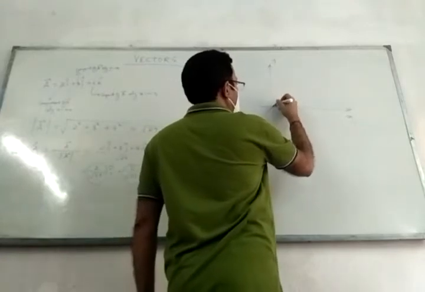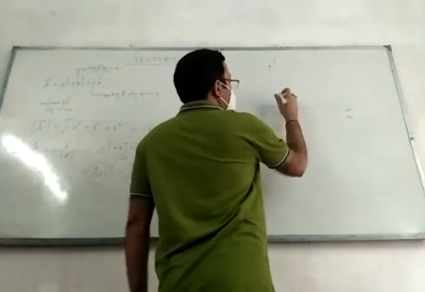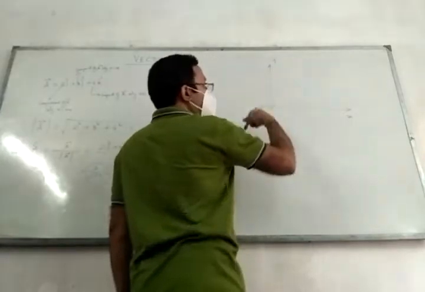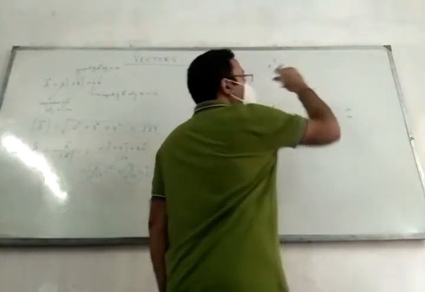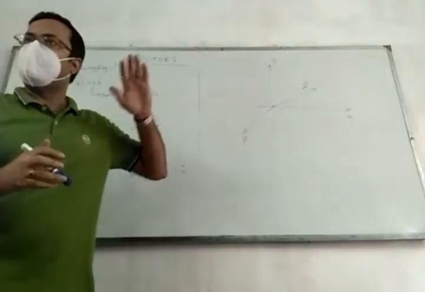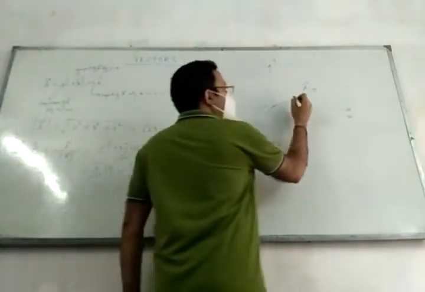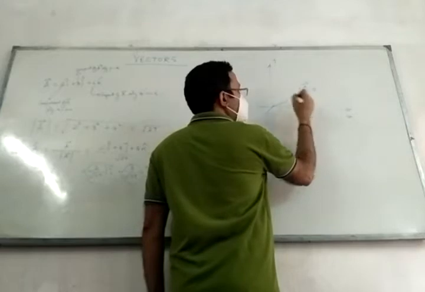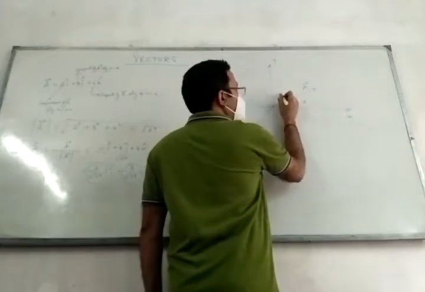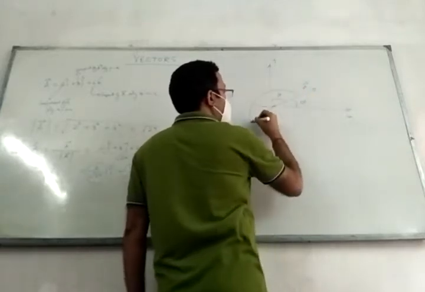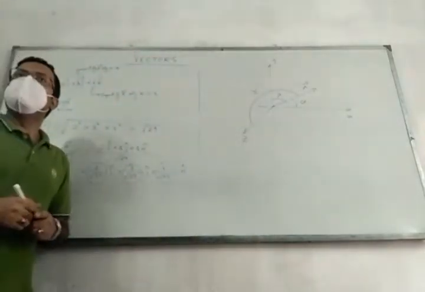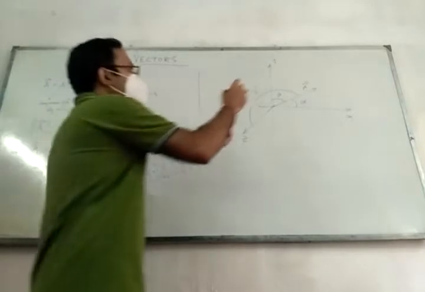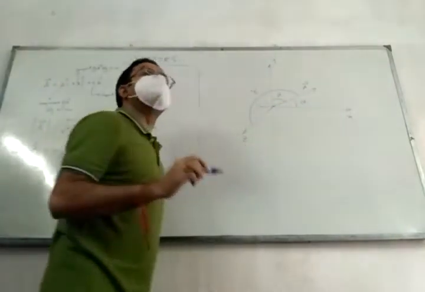Right, it is the cos of the angles. Take the x axis, y axis and z axis, and let us say this is the vector A in 3D space. So if it makes an angle alpha with the x axis, an angle beta with the y axis and an angle gamma with the z axis, then what is the component of A along the x axis?